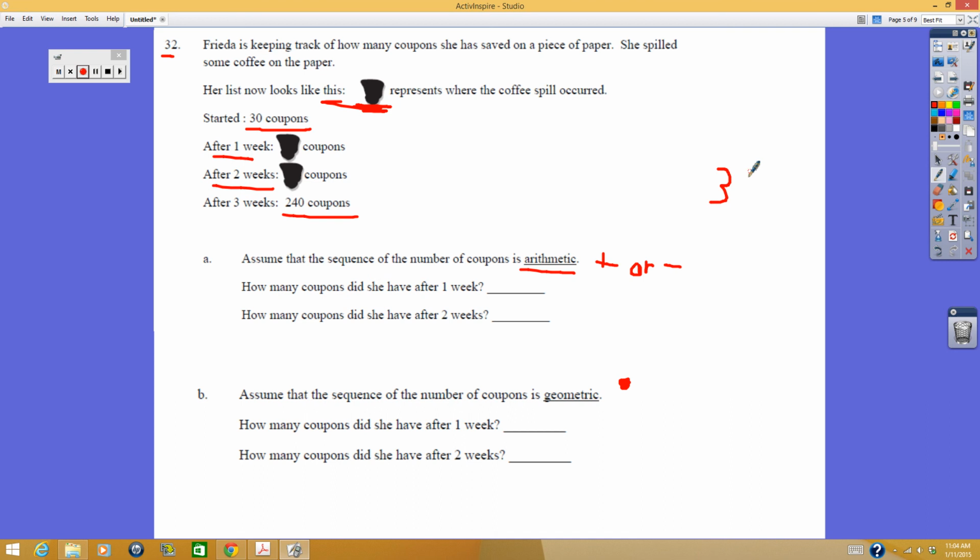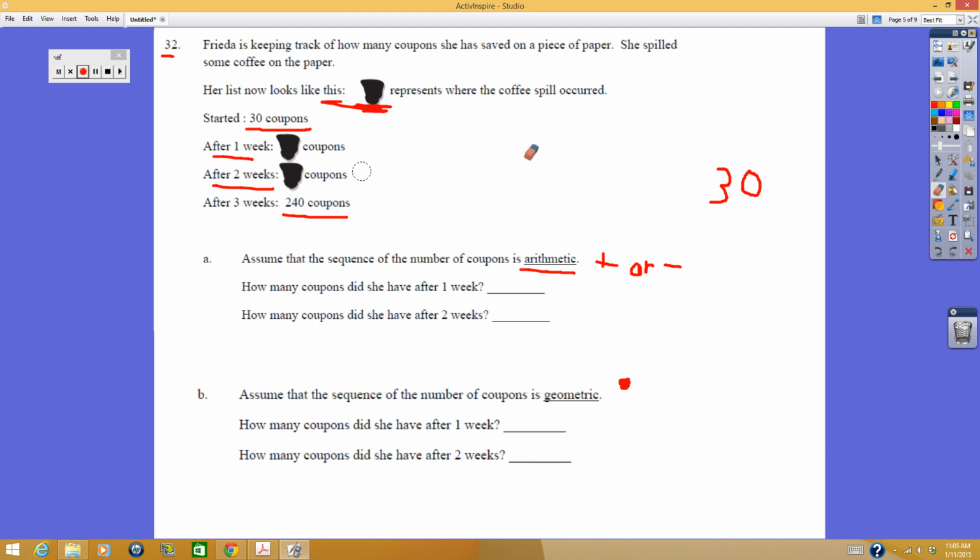So basically, if I were you, I would just keep trying to add by different numbers. 30 plus 10. If you're adding by 10 each week, you're not going to get to 240. If you're adding by 30 each week, this week would be 60, this week would be 90, you're still not there.